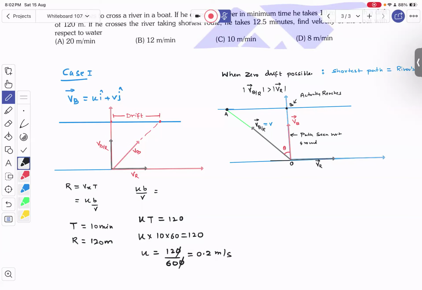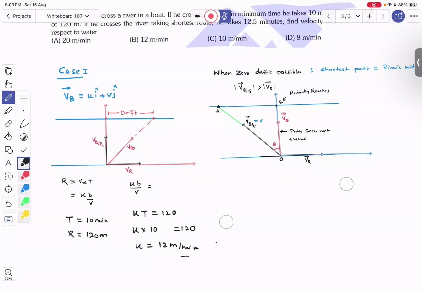But the answer is in meters only, so maybe we'll use meters per minute. So how much is our u? If I keep 10 minutes here, we get u to be equal to 12 meters per minute.